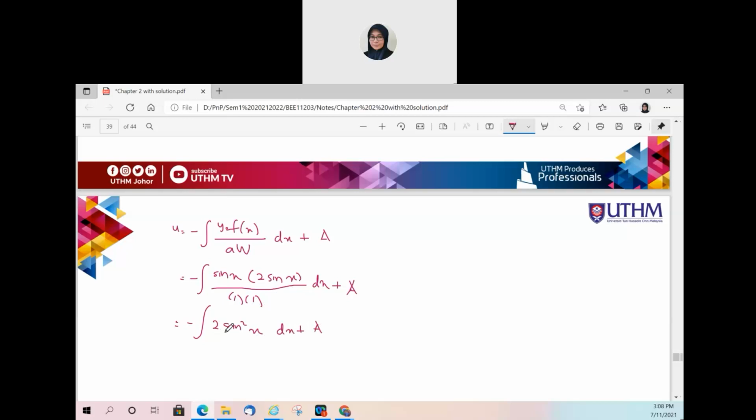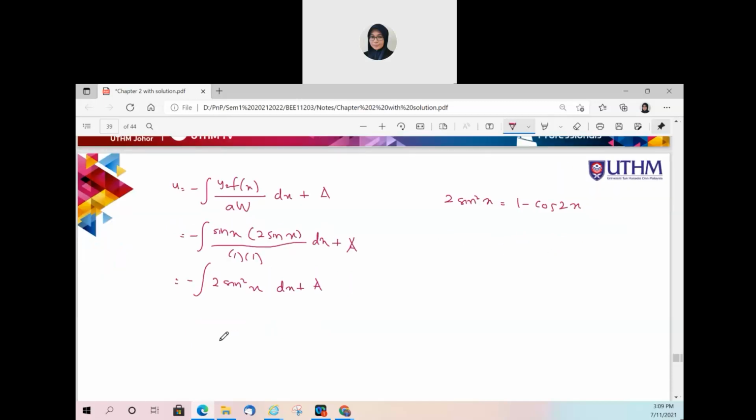2 sin square x is actually, we did it just now, right? 2 sin square x equals 1 minus cos 2x. So you just replace this one inside these equations.